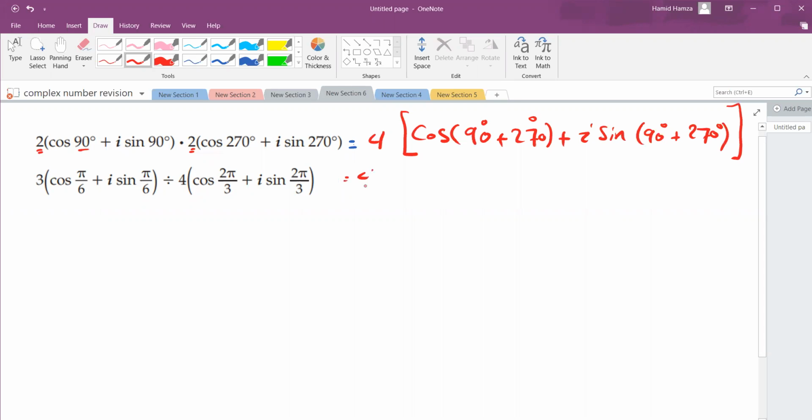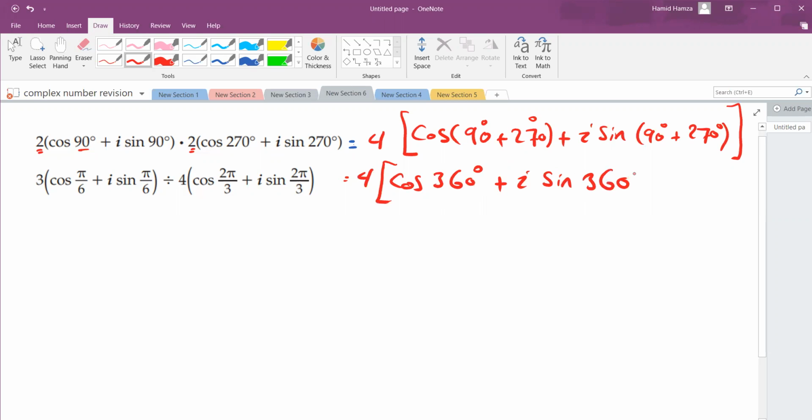That will be 4 cosine of 90 and 270, which equals what, guys? 360 degrees, plus i sine 360 degrees.